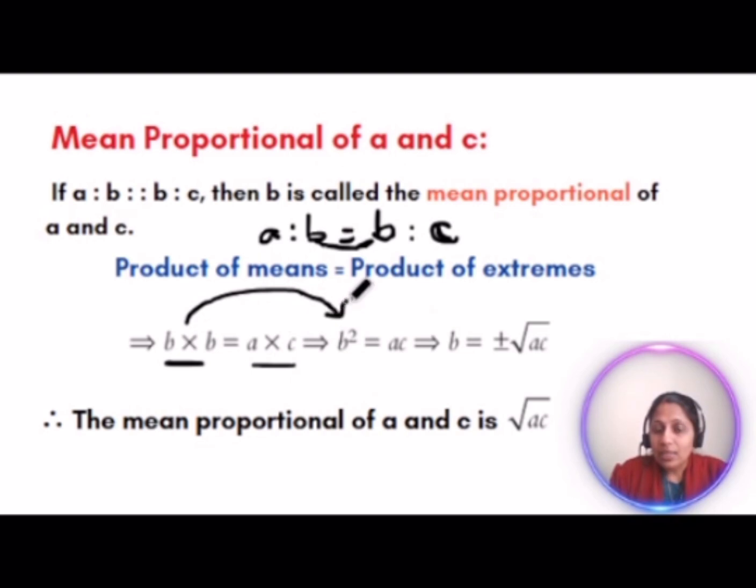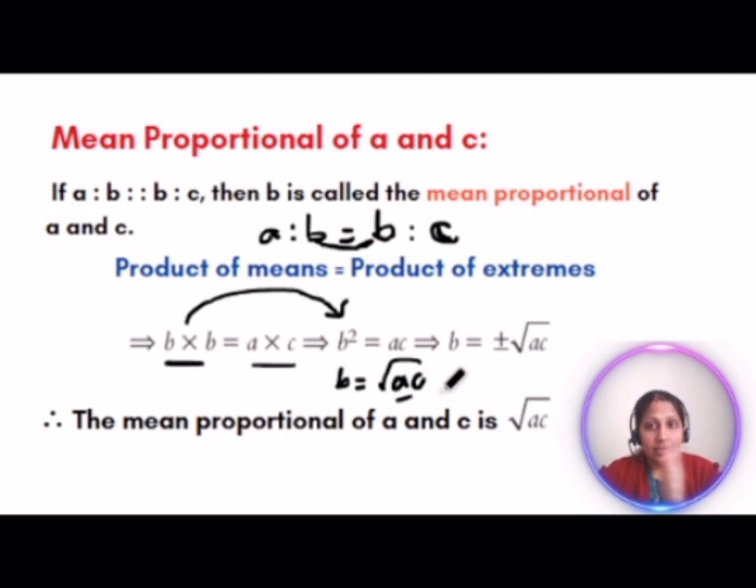It can be written as B square. So B square equals A into C, which is further equal to, when you take the square root on both sides, B will be equal to the square root of A into C. So this is the mean proportional of your A and C, which is nothing but the square root of A and C, both the extreme terms. Okay, so this proportion is more like your formula, or you can say the relationship. Once we are clear with the relationship, you can solve any problem related to this.